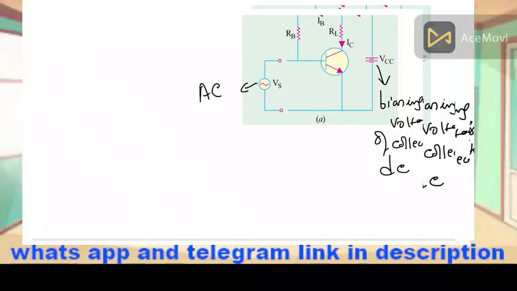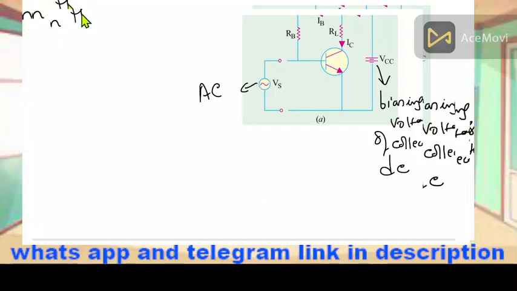If we apply the AC source directly across the emitter base junction, across the emitter and base input terminal, it will upset the DC bias, it will disturb the DC biasing, and the result will be the whole of the base current will pass through the AC source rather than the base. The transistor biasing will be disturbed.